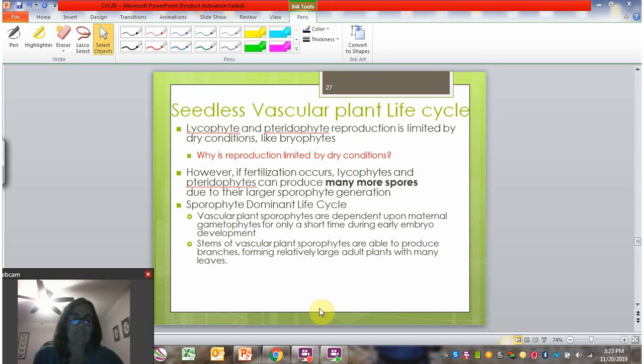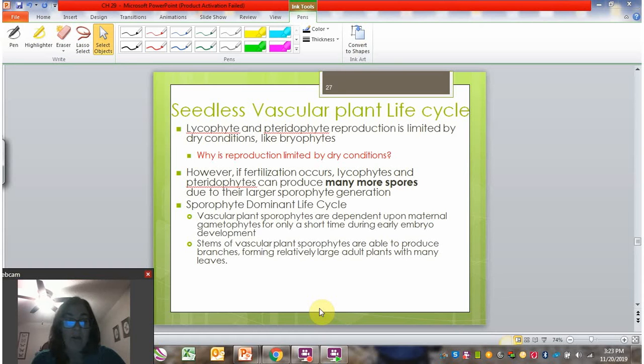Even though the seedless vascular plants have many adaptations that help them survive without external water better than the bryophytes, or the non-vascular plants, they're still limited in many ways to moist areas. And that is because of their reproduction. Bryophytes, as you maybe remember, required water for their sperm to swim to the egg.